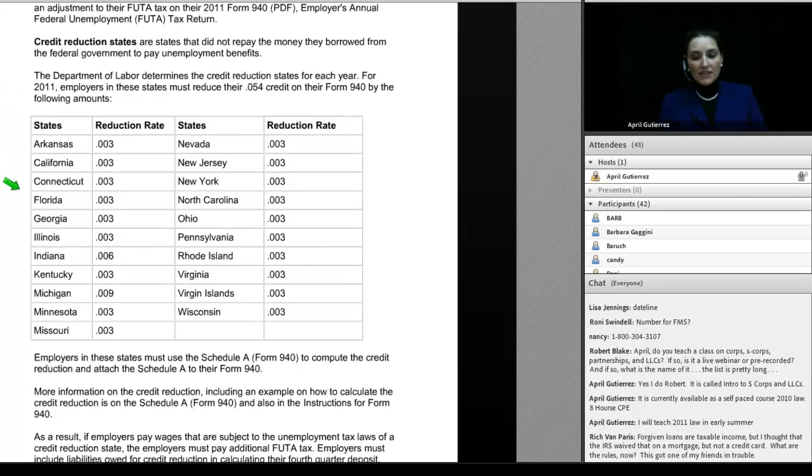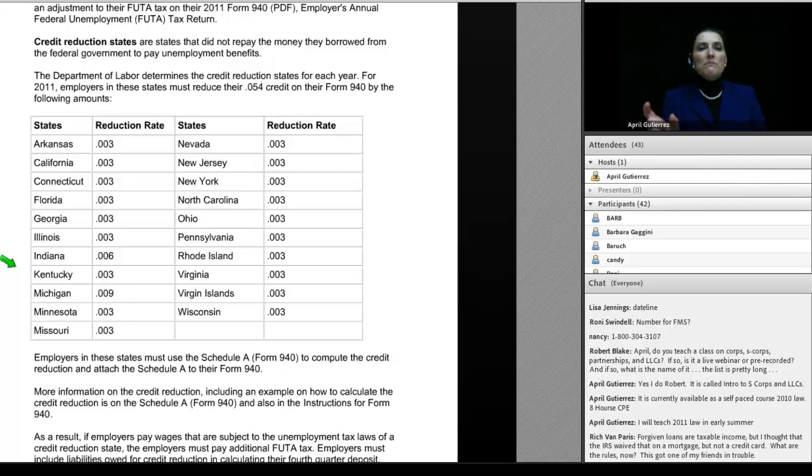But this list of states here paid out more in unemployment benefits than it paid back to the federal government, or the federal government had to pay out for these states, and it hasn't been reimbursed by these states. And so if you are doing payroll for anybody who has employees in these states, then there is a credit reduction, and you have to attach Schedule A to your Form 940 and use Schedule A to figure a reduced credit.